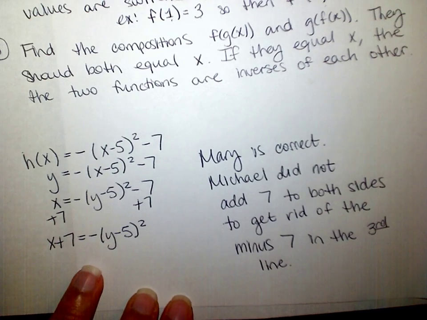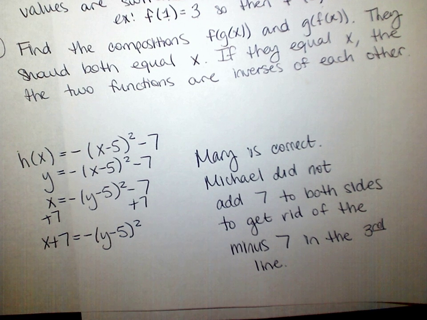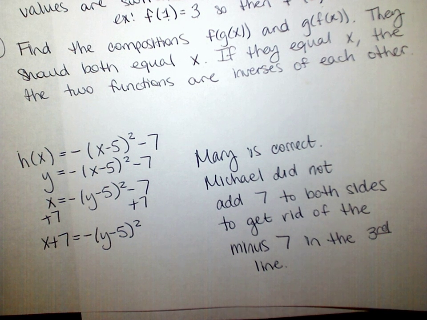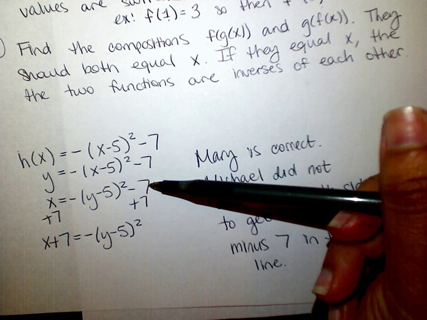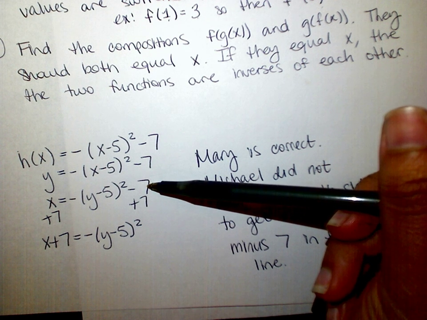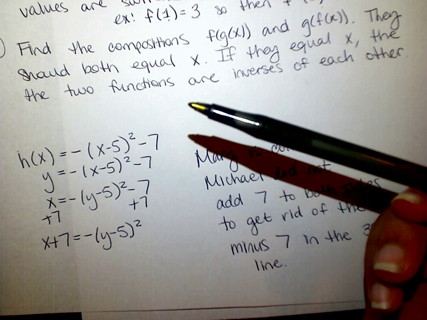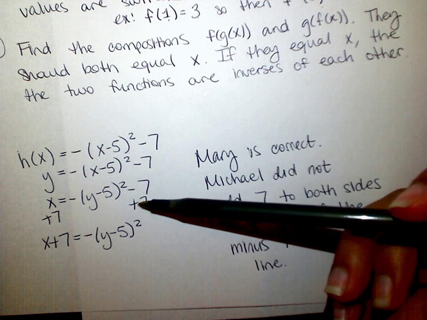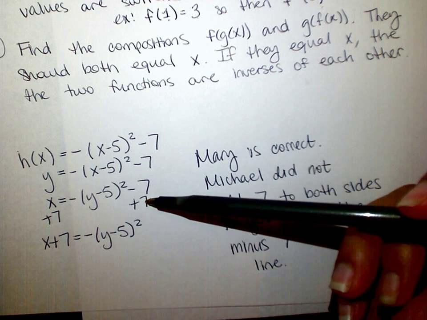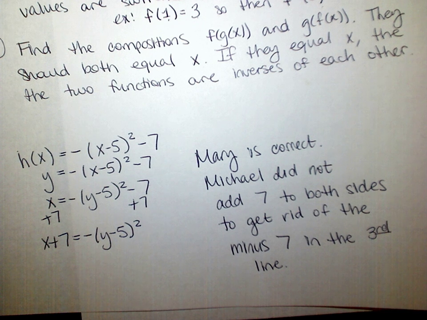Right here, he was supposed to add 7 to both sides, and he forgot to change the sign of the 7. So this concludes questions 5, 6, and 7 on test 4 test review.